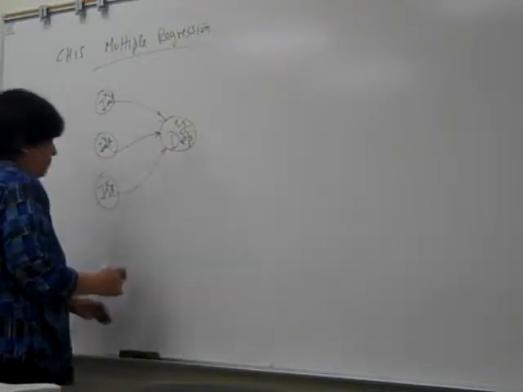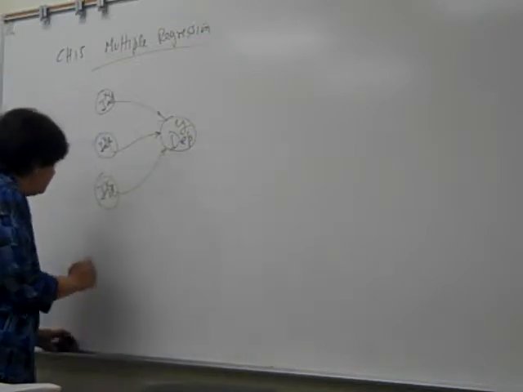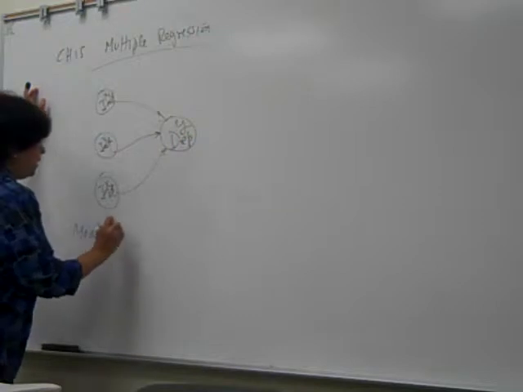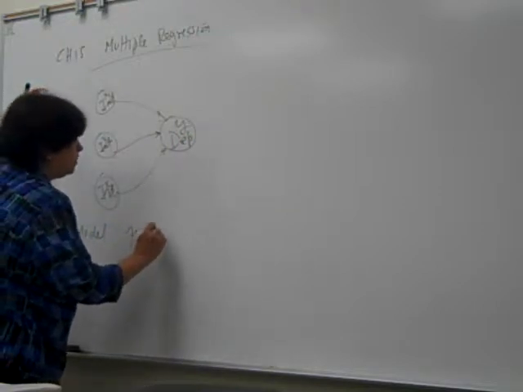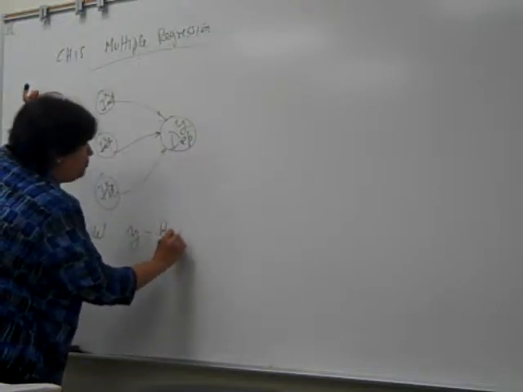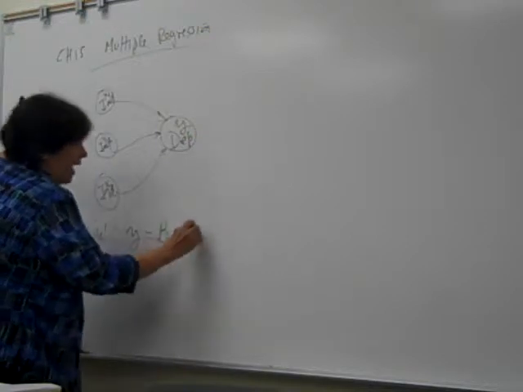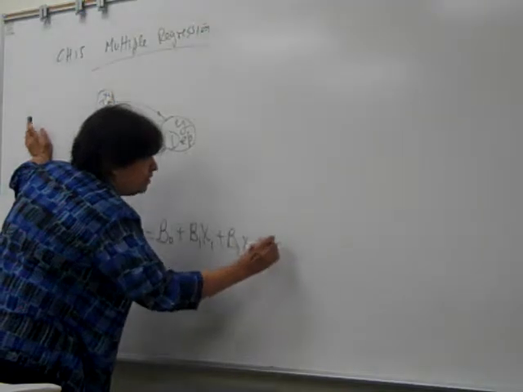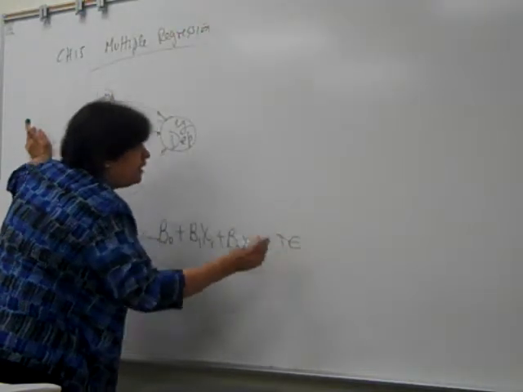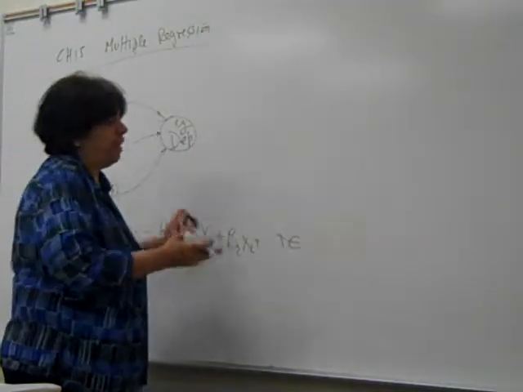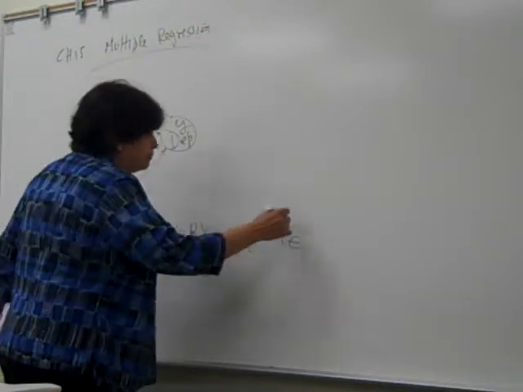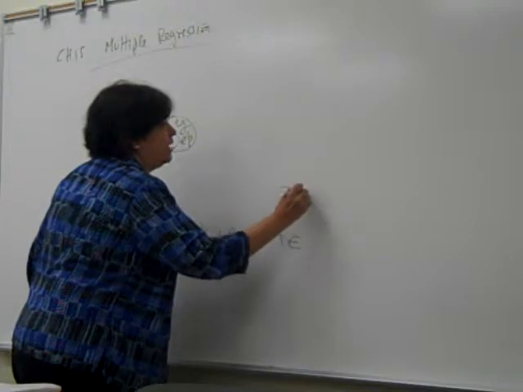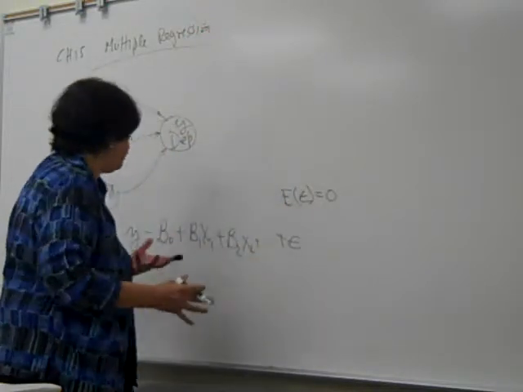Basically, the model, instead of having 1x, it's going to be y is equal to beta 0 plus beta 1 x1 plus beta 2 x2 plus whatever, plus an epsilon, and again, epsilon is a random variable, normally distributed, and the expected value of this epsilon has to be equal to 0.